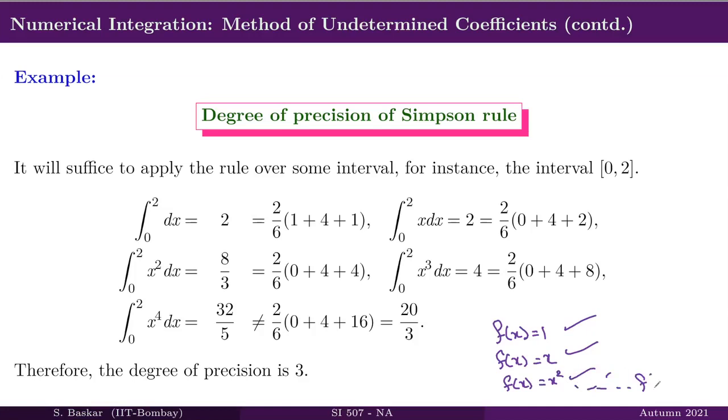If you find that for x to the power of n it is okay, but f of x equal to x to the power of n plus 1 is not giving equal value for the exact integral and this rule that we have taken, then you stop your procedure, take this n and declare this as the degree of precision of that quadrature rule. So this is the procedure to find degree of precision. I hope you have understood this.